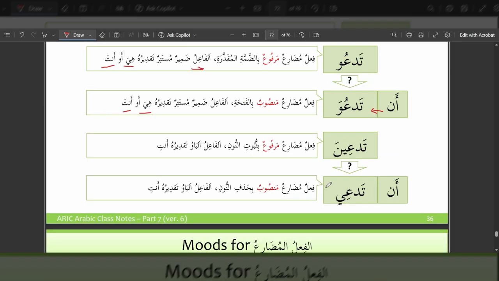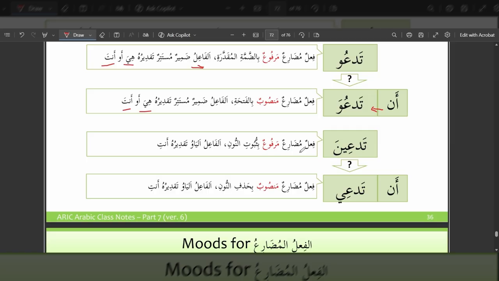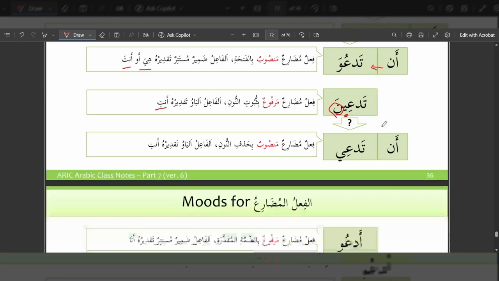So then when we come to تدعين, this is فعل مضارع مرفوع بثبوت النون. That means it's a present tense in the marfu form with the presence of the noon here. And the fa'il is al-ya'u taqdiruhu anti. So here the ya is the fa'il, which tells us that it is anti, that is you, female. When we put an in front of it again, then this changes to tad'i.